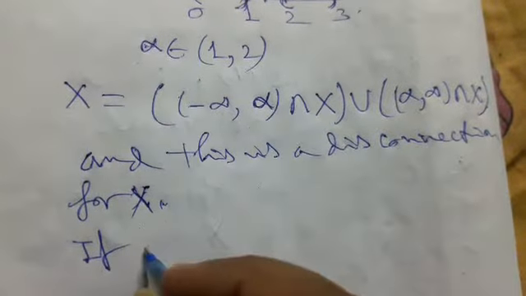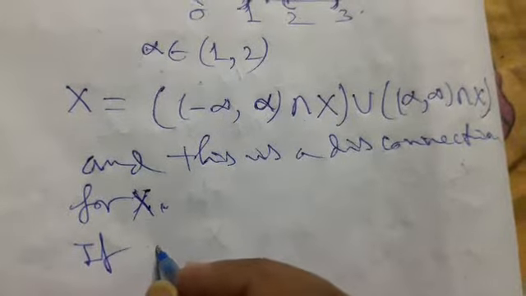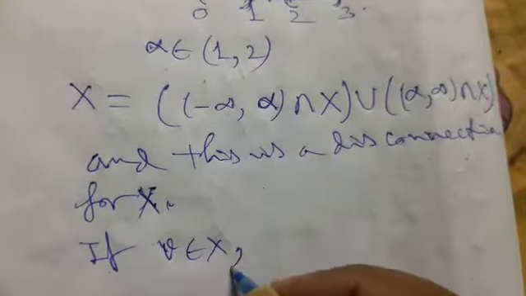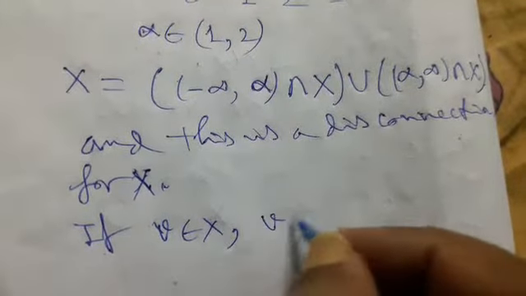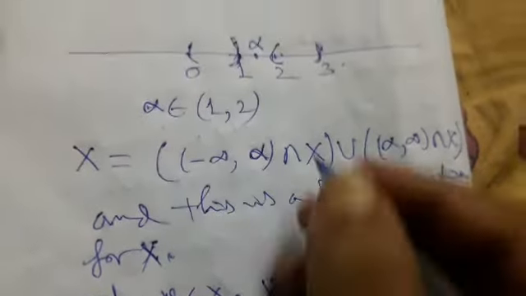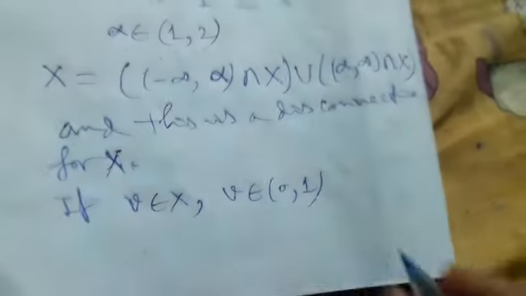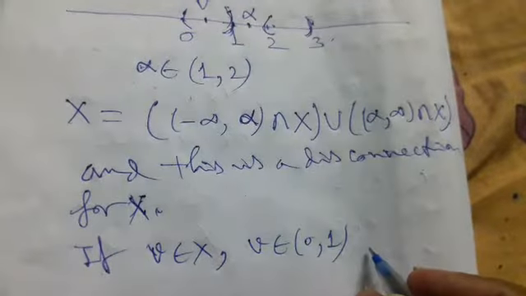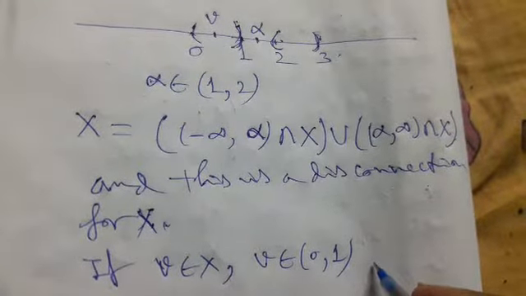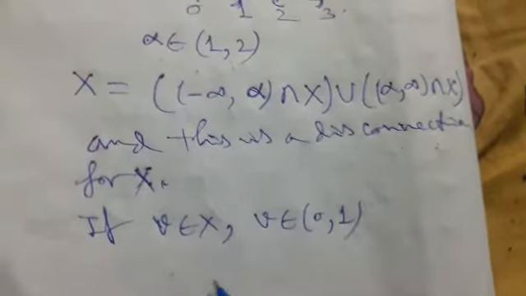And if any element, say v, belongs to X, and say this v belongs to (0,1), if we take the point v in between, then we can find a delta region.